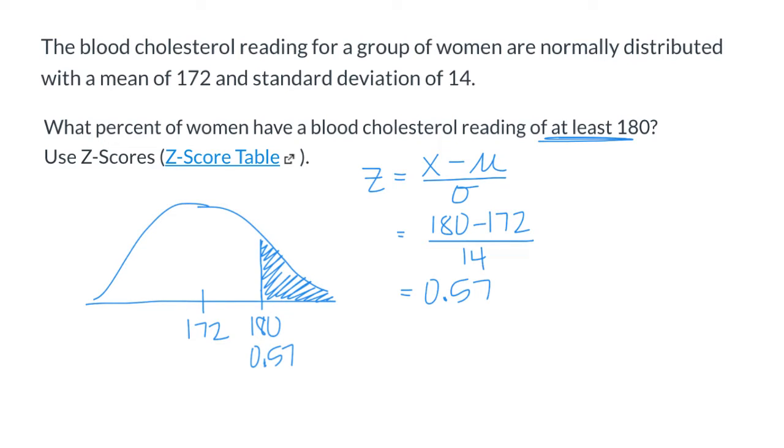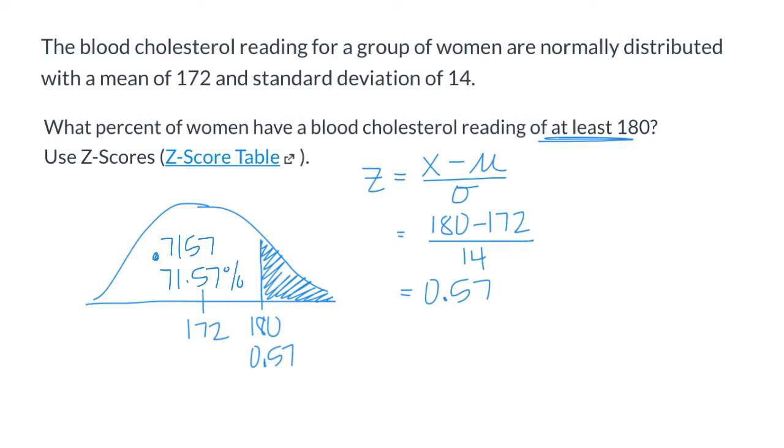Then we go to the z-score table and we find 0.57, and then that'll give us the area that is below that value, and then we're going to have to subtract it from 100% to get above that value. So I'm going to go to the table and look up 0.57. And 0.7157 is this area, or 71.57%.